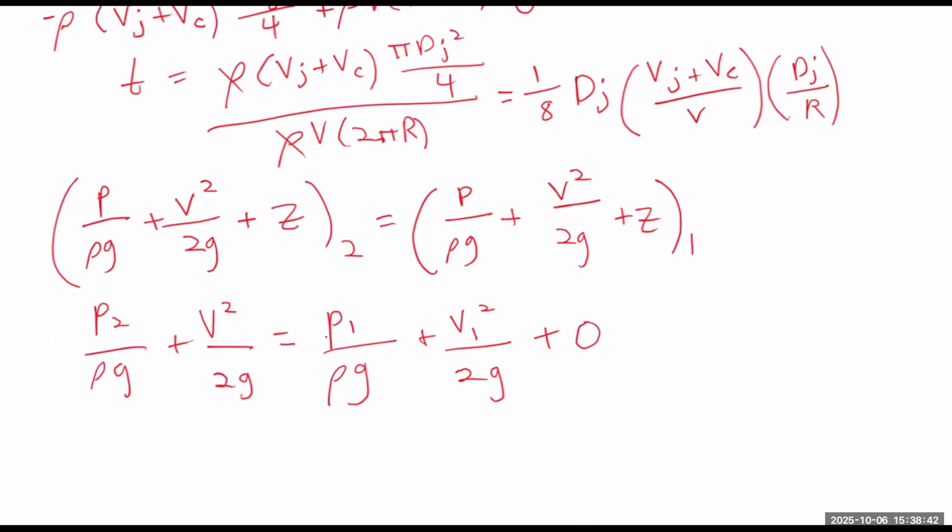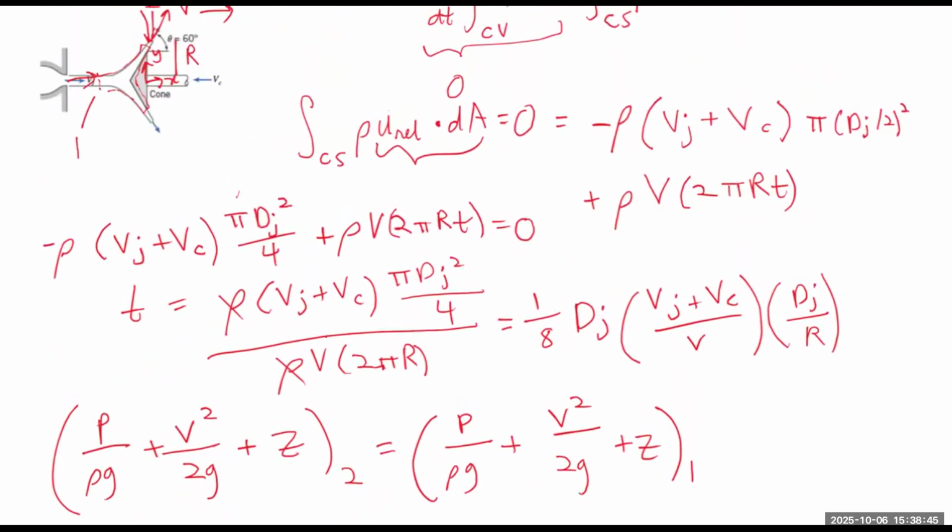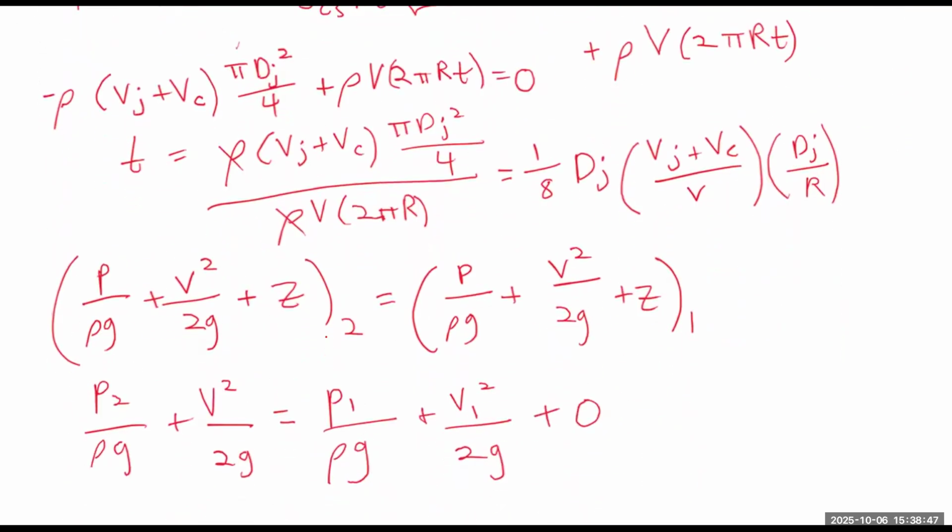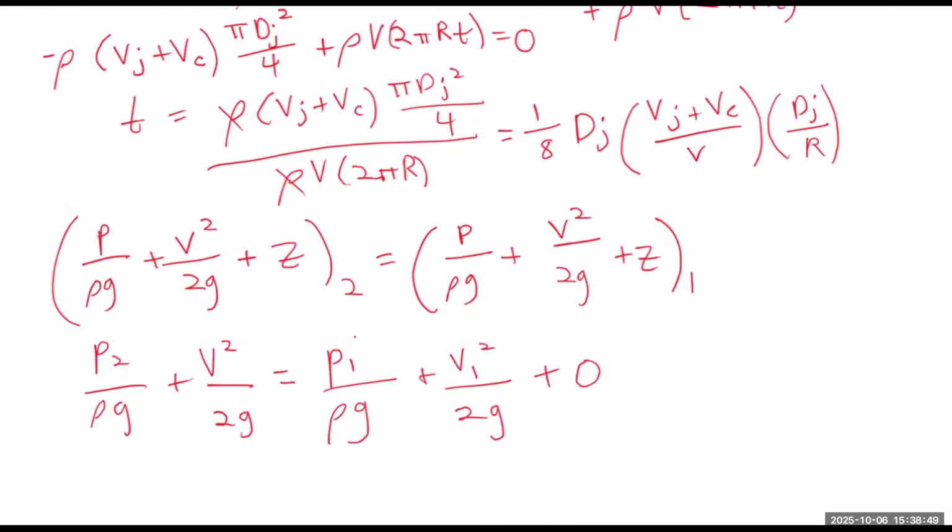And pressure 1 is also at atmospheric pressure, because it's exposed to the atmosphere. So we will use zero gauge pressure for both of them. Both of these terms disappear, and we're left with simply V squared equals V1 squared.